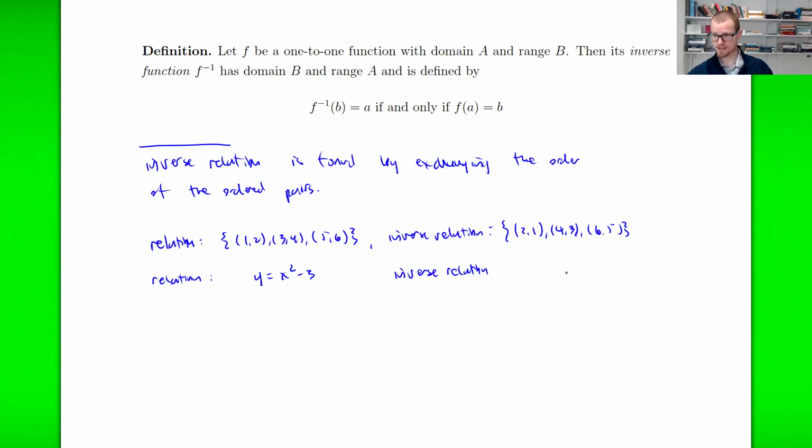We're exchanging the values of x and y. Exchanging x and y, right? So I phrased it differently each time there, so that way we could get to this idea that we're simply exchanging x and y. Now, this relation does turn out to be a function. However, this inverse relation is not a function. So we won't always have that the inverse relation is a function.